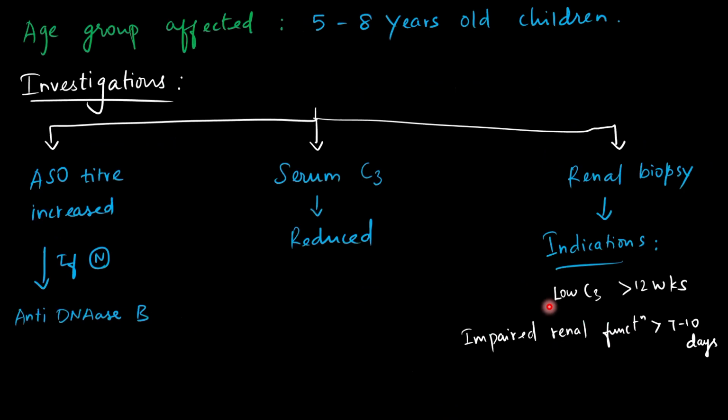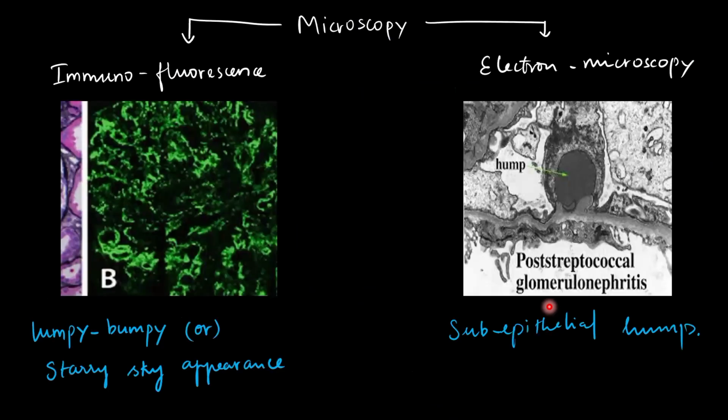And then you should remember 3 investigations: ASO titer or anti-DNase B antibody titer, and serum C3 levels, and renal biopsy in case of low C3 persisting for more than 12 weeks, or impaired renal function for more than 7 to 10 days. These 2 conditions only we will do renal biopsy.